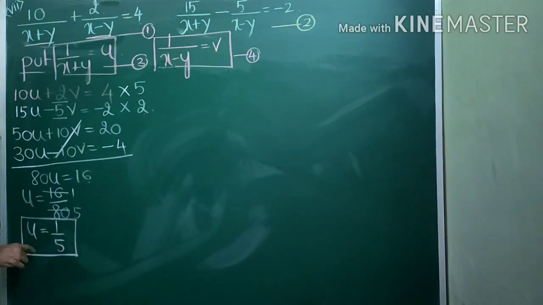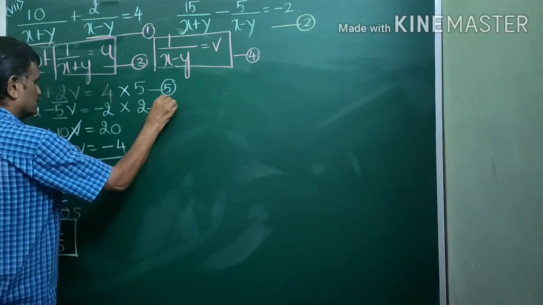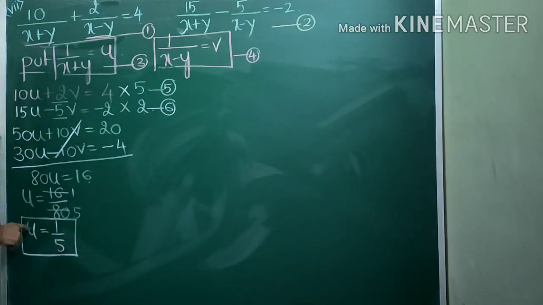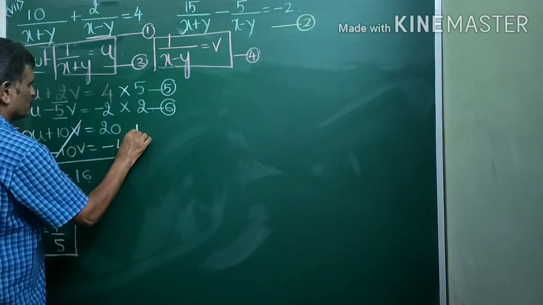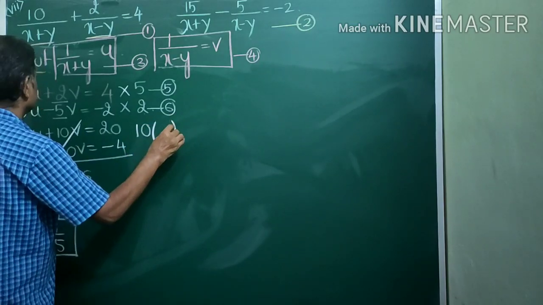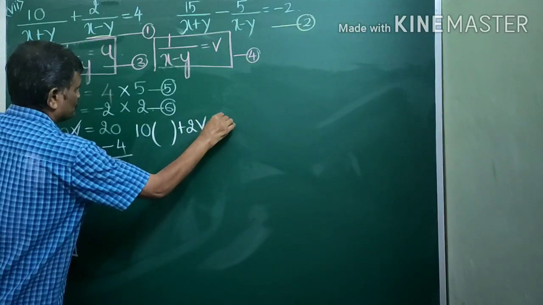Now this value of u, I'll substitute in first equation here. Here I can substitute, or I can substitute here. This equation I would like to call it as fifth equation, and this equation I would like to call it as sixth equation. So the value of u I can substitute in fifth equation, or I can substitute in sixth equation. Suppose if I decide to substitute in fifth equation, then in that case what we'll get is 10 into bracket, wherever u is there, you have to put the value of u.